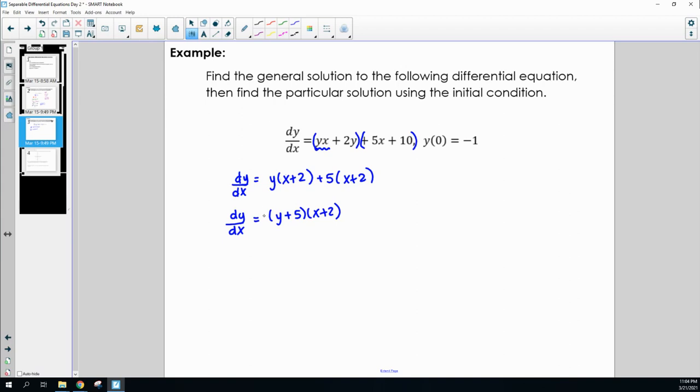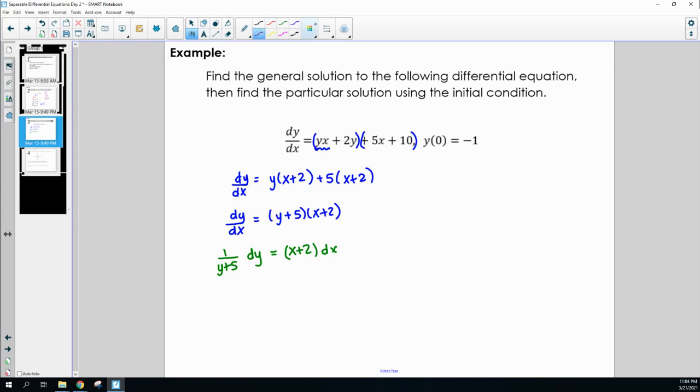So I'm going to divide both sides by y plus 5, and then I will multiply both sides by dx. So I'm going to get 1 over y plus 5 dy equals x plus 2 dx.